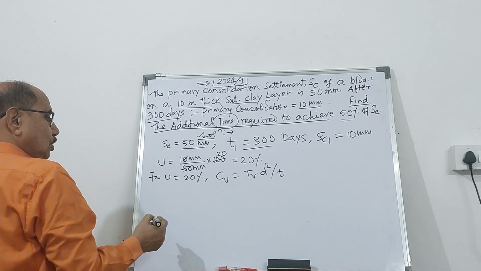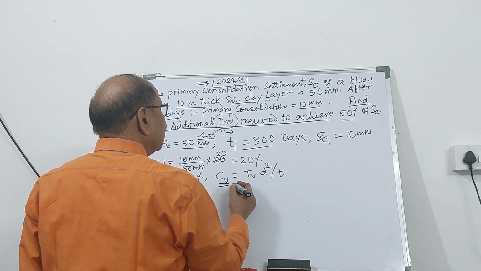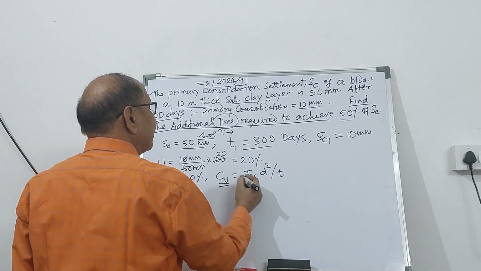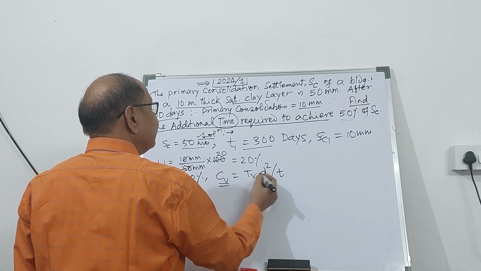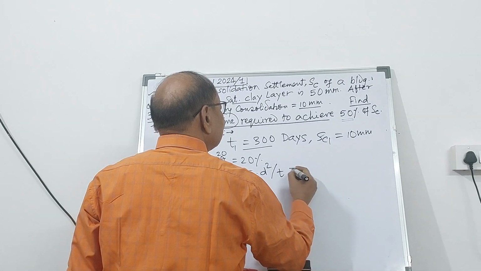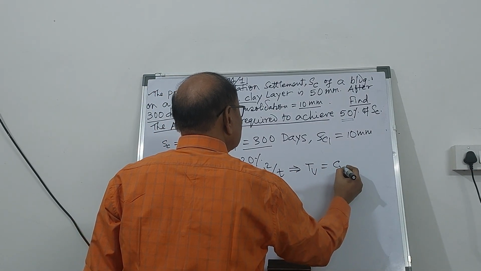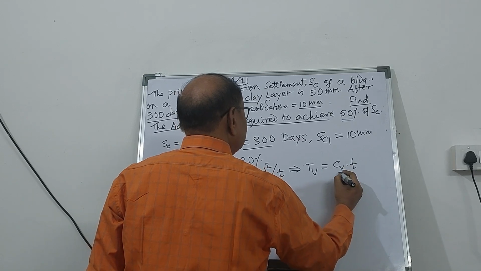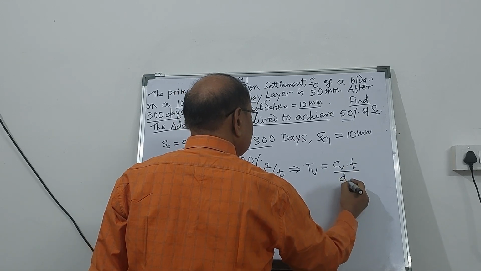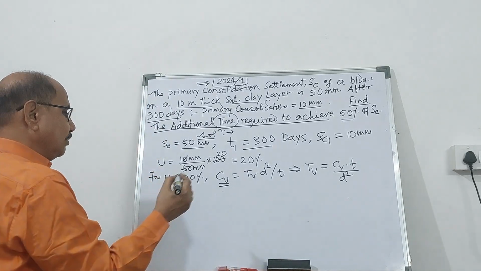Therefore, CV multiplied by t divided by d squared will be the value of TV. That implies TV equal to CV into T divided by d square. That is the time factor.